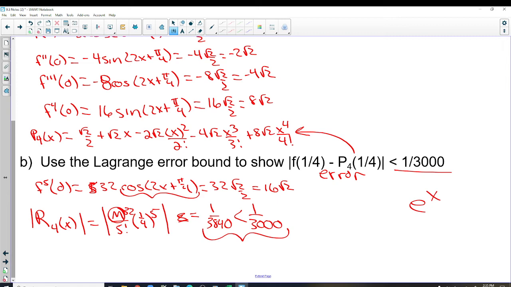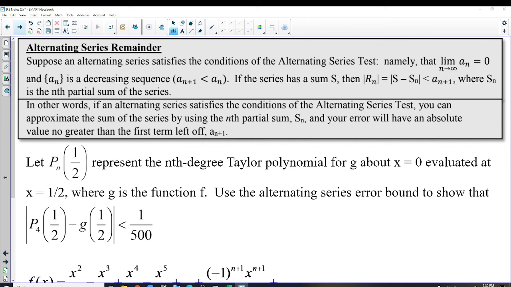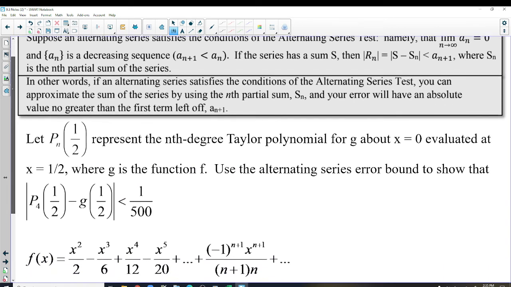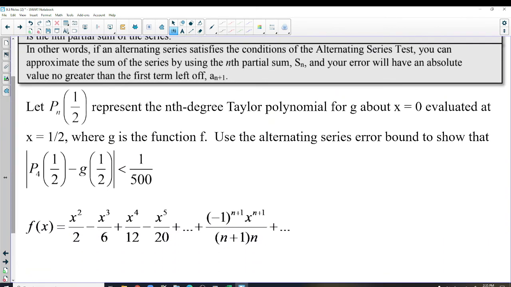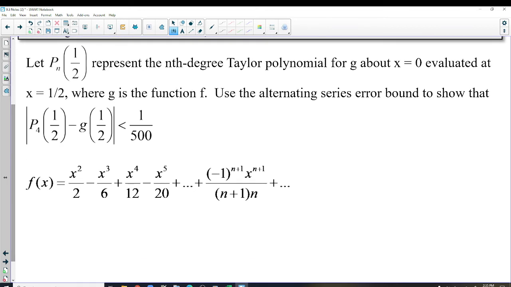Questions? All right, with your partner, or turn around, or whatever you need to do, you don't have to read that box again. This is the alternating series test. They alternate. I guarantee you that the calculations on this problem are very easy, but it's not so easy to know what to do.